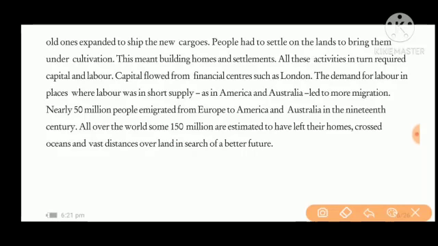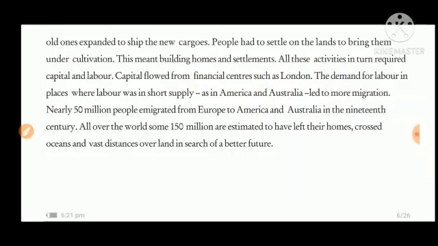All these activities in turn required capital and labor. For the construction of railways and ports, the workers were migrating from one country to another, and as the workers were migrating, they needed homes and settlements. Capital also flowed from financial centers such as London.